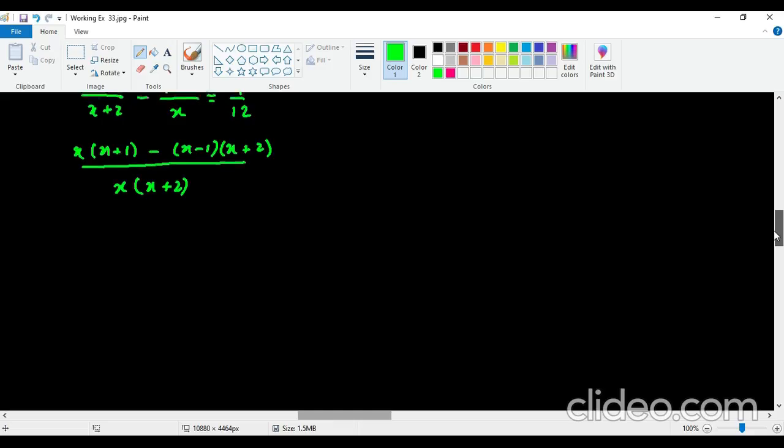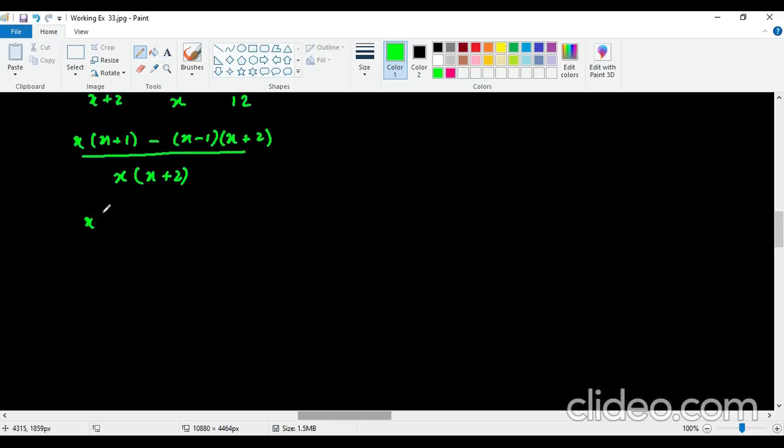Further simplification gives us x square plus x minus, when we solve this in the bracket itself, x square plus 2x minus x minus 2, over x plus 2 equals 1 over 12.